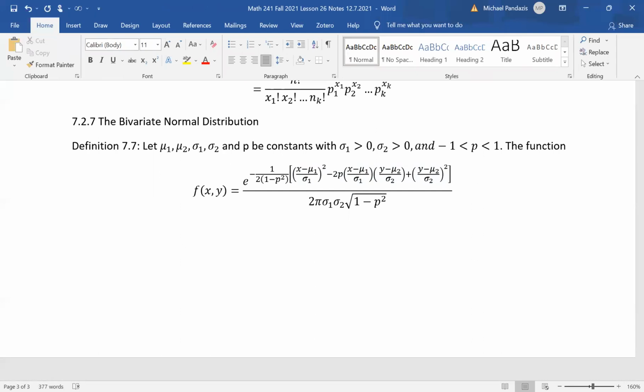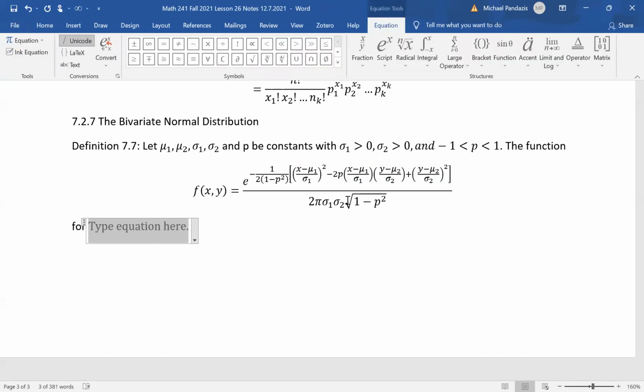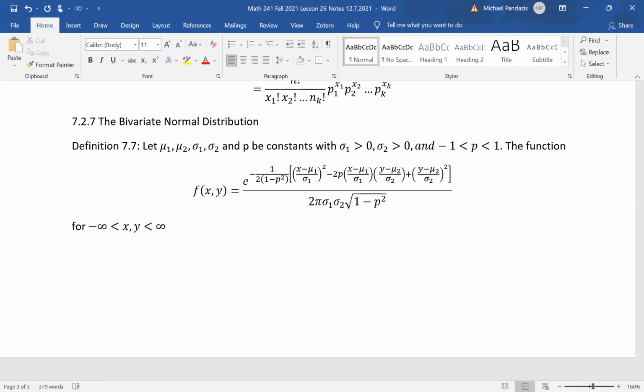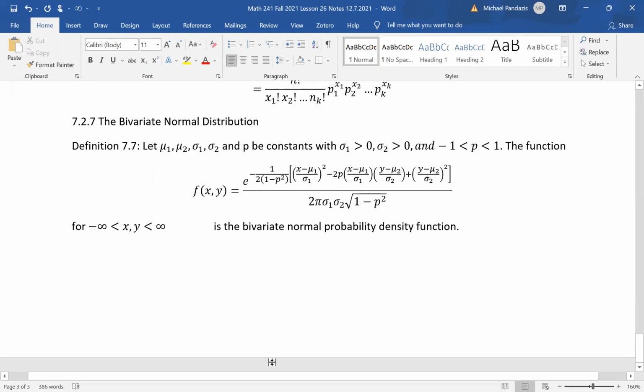That whole thing, for negative infinity less than x, y less than infinity, where both x and y are finite numbers. That's what I mean. This is the bivariate normal probability density function, the bivariate PDF.